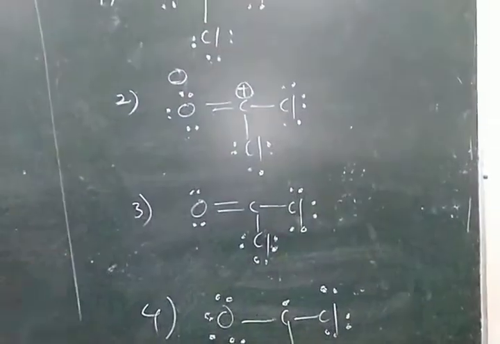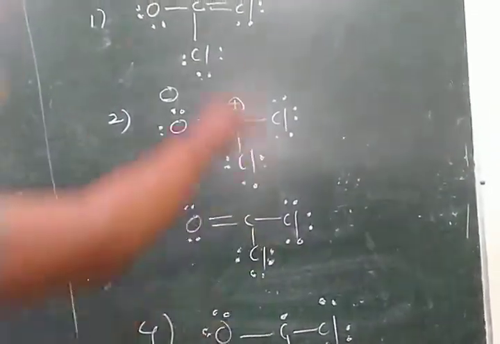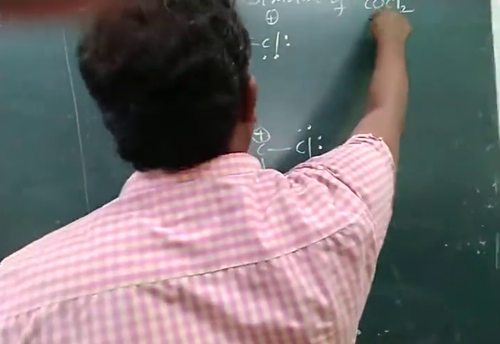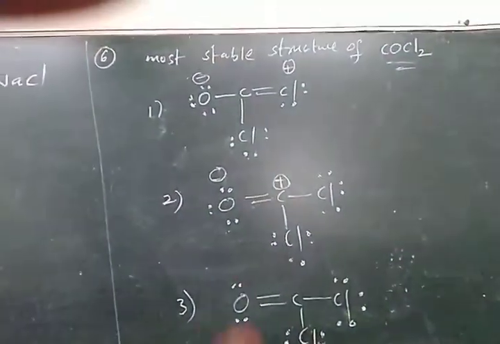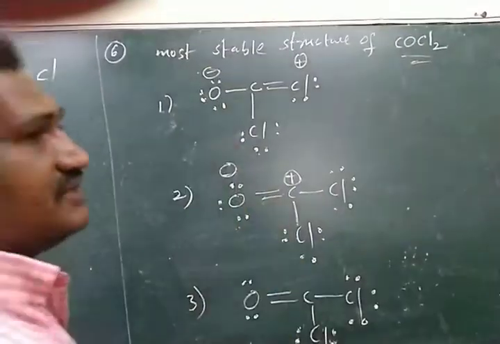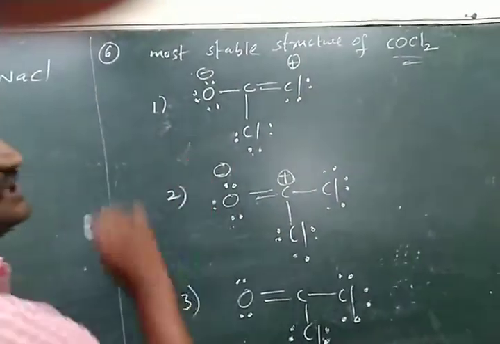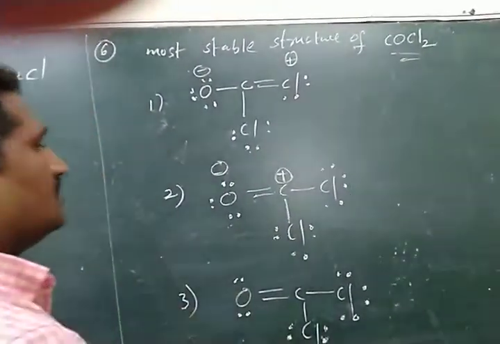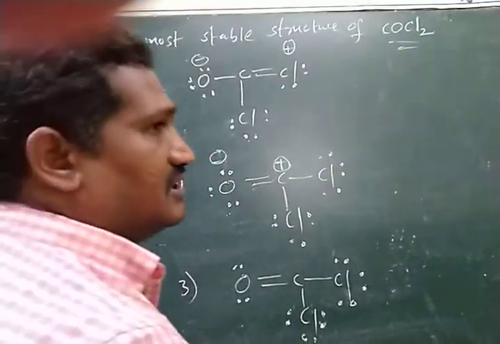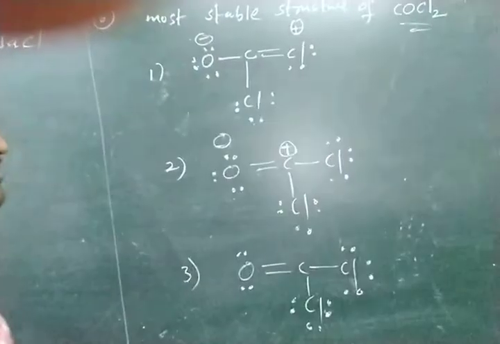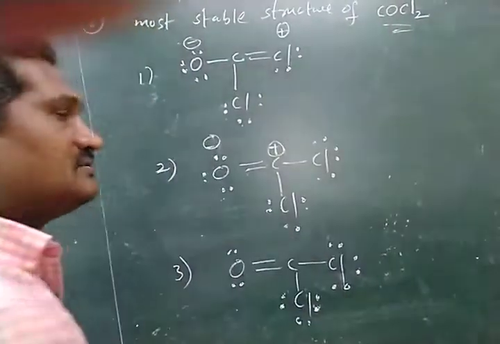So among these options, which is the most stable structure for COCl2? Always, the conditions for a more stable structure: the atoms in the given structure, each atom must be following the octet rule to get stability.